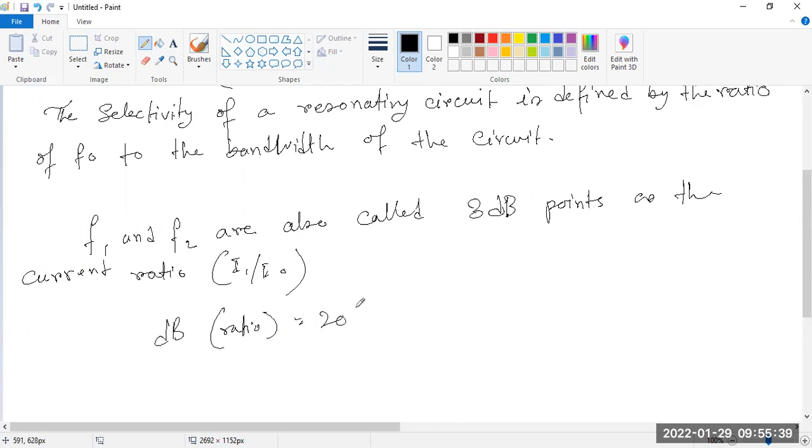This is 20 log base 10 of I1 by I0, or we can say this is 20 log base 10 of 1 by root 2. Okay, so dB is -3.